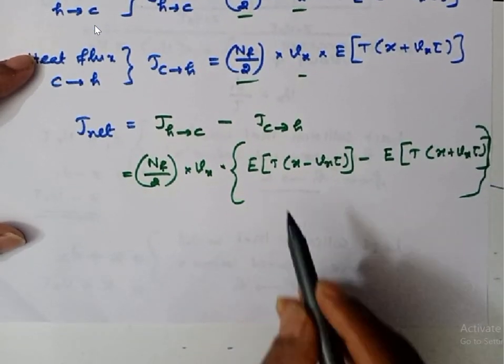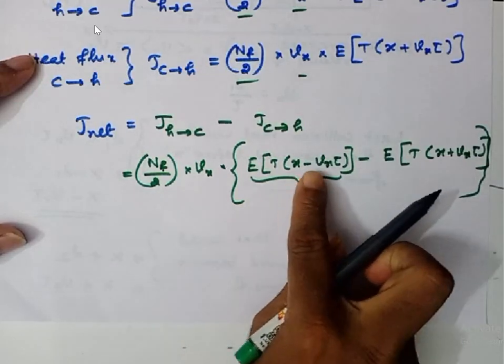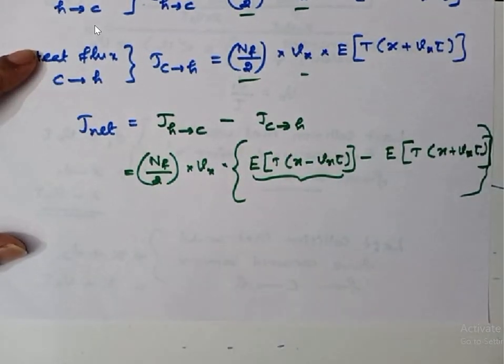Now, what is the energy possessed by the electron at this location? Listen, this is very important.